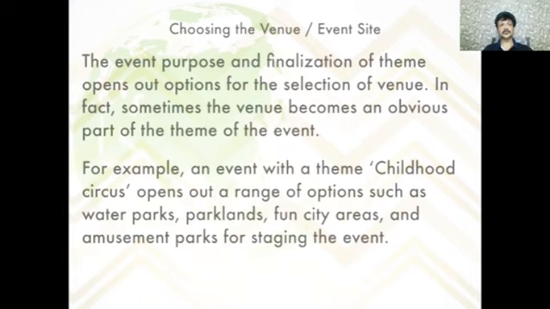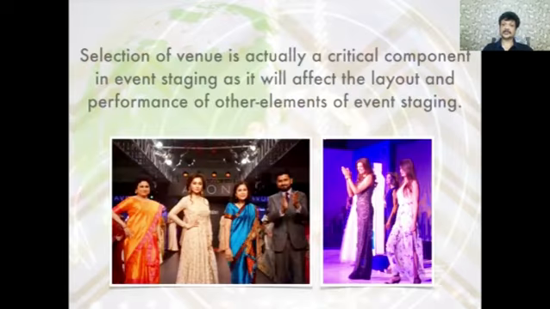When you choose a venue, you go for a theme, or many times it happens you decide a theme, then according to your theme you choose a venue. So your venue could be outdoor, indoor, or you create your own venue through different parts. This is how events are being done nowadays. Selection of venue is actually a critical component in event staging, as it will affect the layout and performance of other elements of event staging.